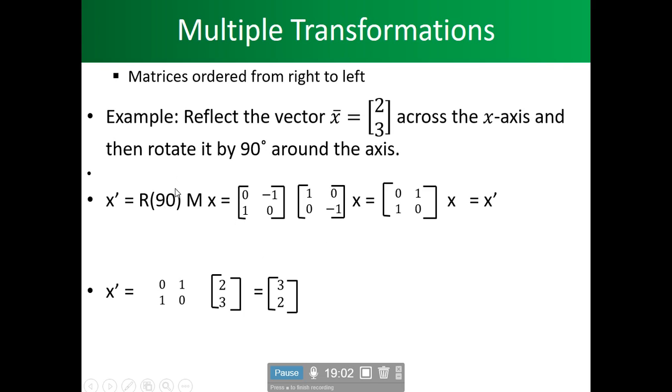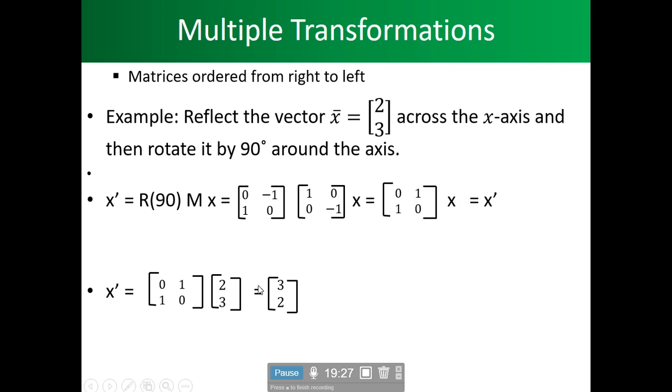Then we're transforming it with a 90 degree matrix. When we multiply that, we get this specific matrix. We multiply this matrix times our x, and it'll give us our x prime. What is our x prime? Our x prime is this new transformed matrix.